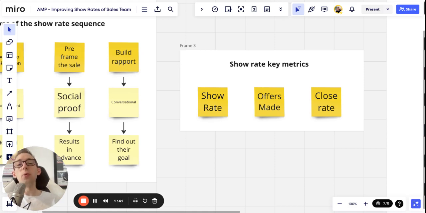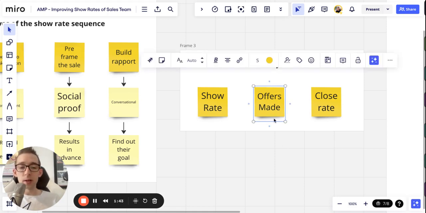Maybe I don't want to know. And then what happens is you get this fake number with offers made because we didn't really make the offer. We just talked at the person, okay? So instead, what we're looking to do is get them to ask us to make them the offer. That is the crucial piece.